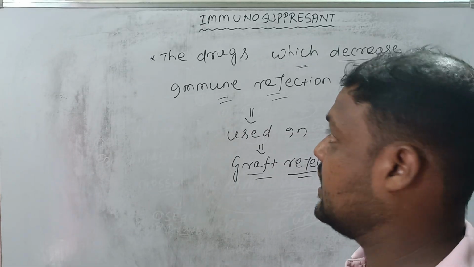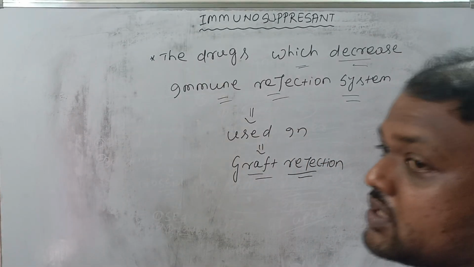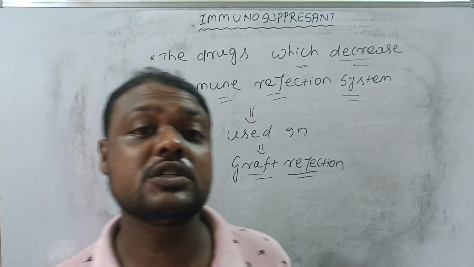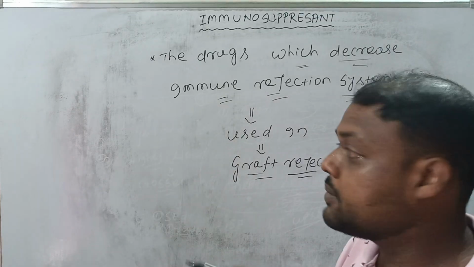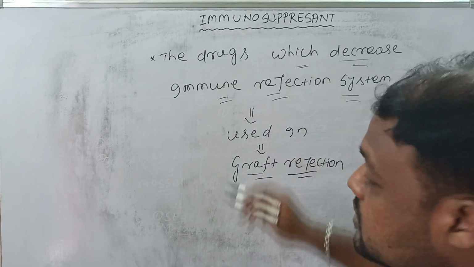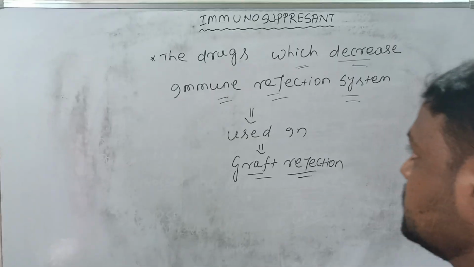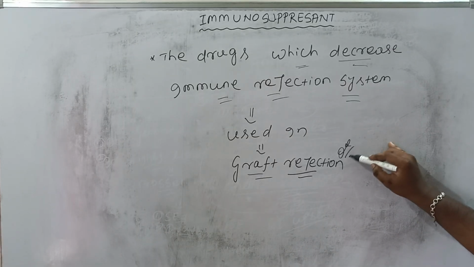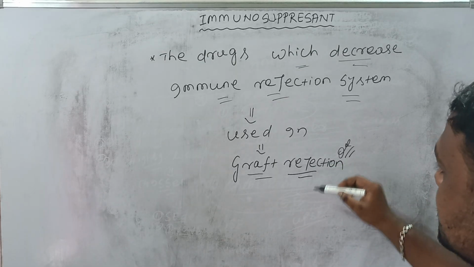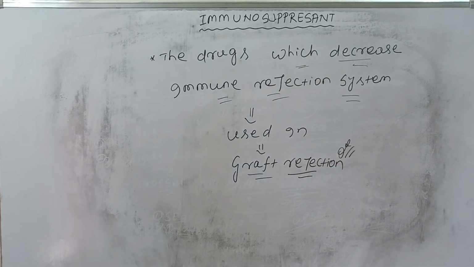If the question asks for the drug of choice for graft rejection, the answer is the immunosuppressant. That is the one-liner question: the drug of choice for graft rejection is the immunosuppressant.